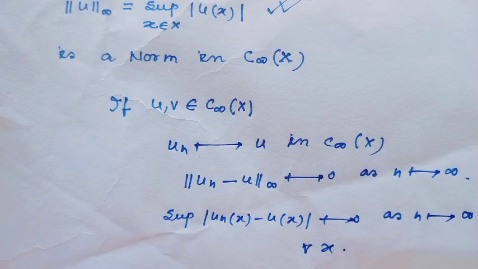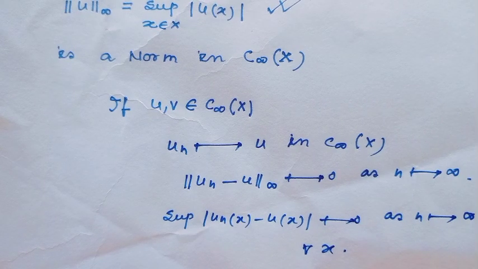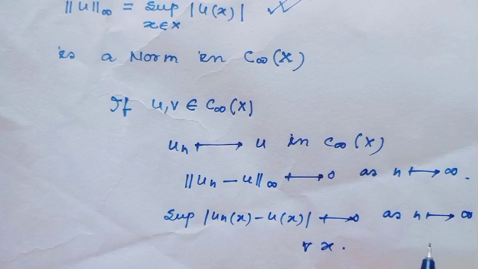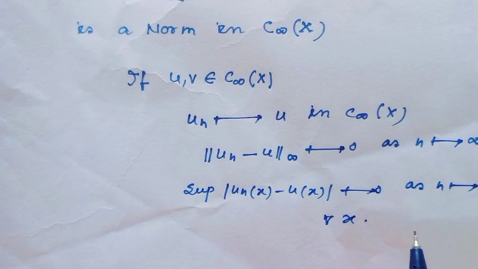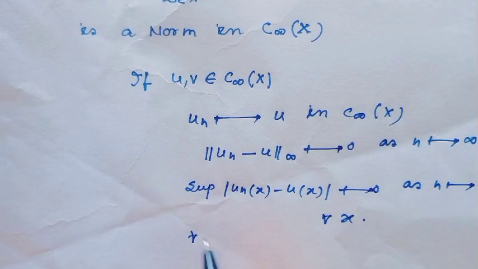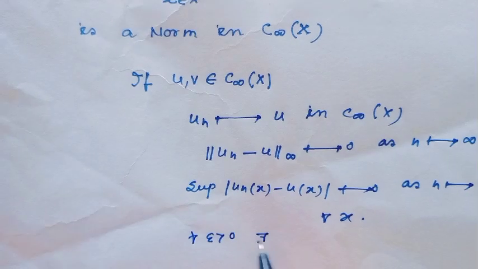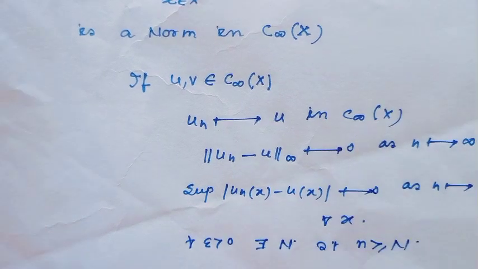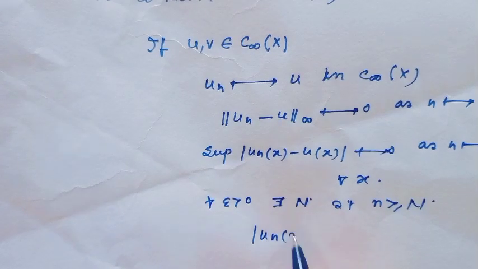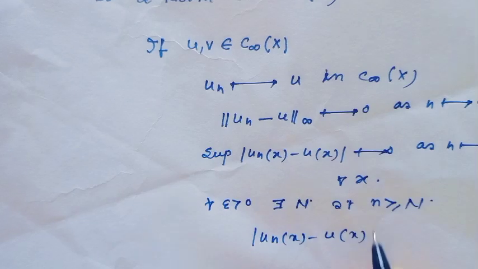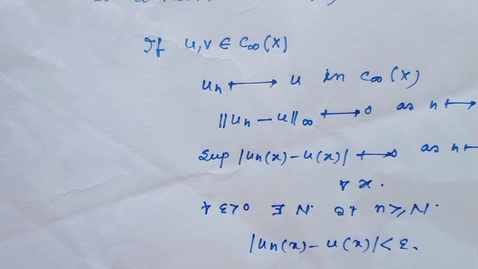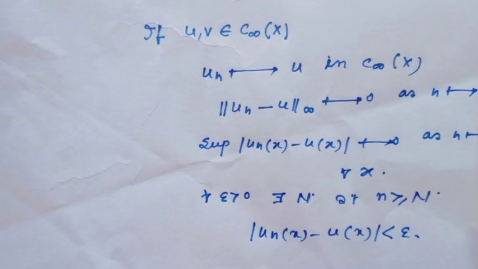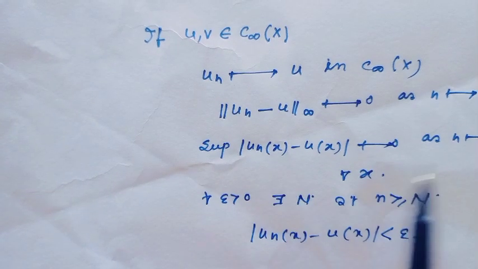That means here x is independent, and actually this is the definition of uniform convergence, because uniform convergence means for all epsilon greater than 0 there exists a capital N such that for n greater than or equal to capital N, the absolute value of |un(x) - u(x)| is less than epsilon. In this norm, actually, the point does not matter.